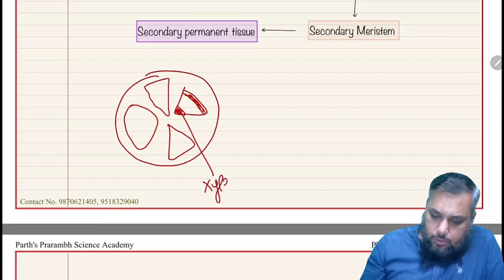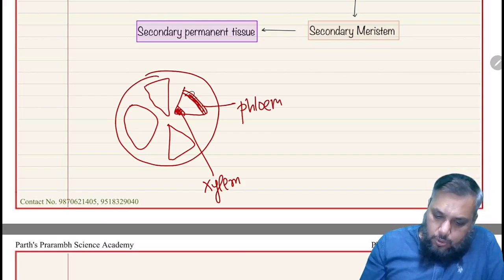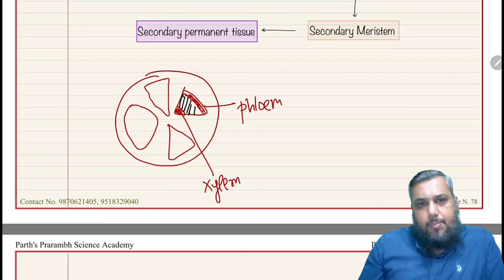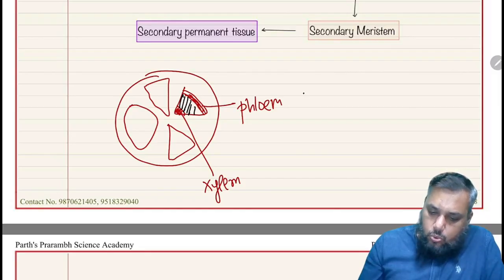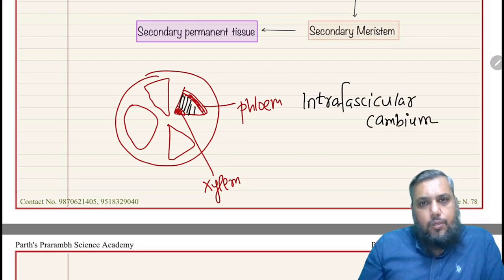Now the cambium between the xylem and phloem, inside the vascular bundle, the cambium which is inside this vascular bundle, we use the term intrafascicular cambium for it.